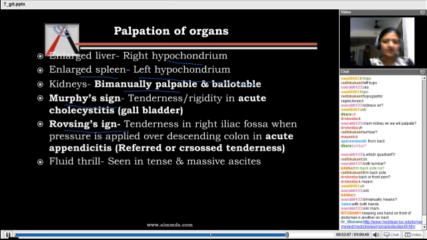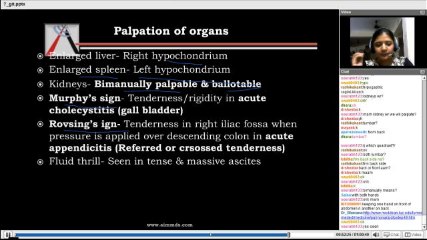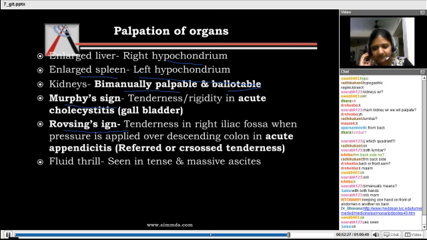That is what is meant by bimanual palpation, and the technique name is the ballotable type. Okay, let's go to the Murphy's sign. I have given you the link. You guys can go through it in the break. Now, I don't want all of you to go and see that. Kidney palpation is not important for us. Alright, let's get back to Murphy's sign.